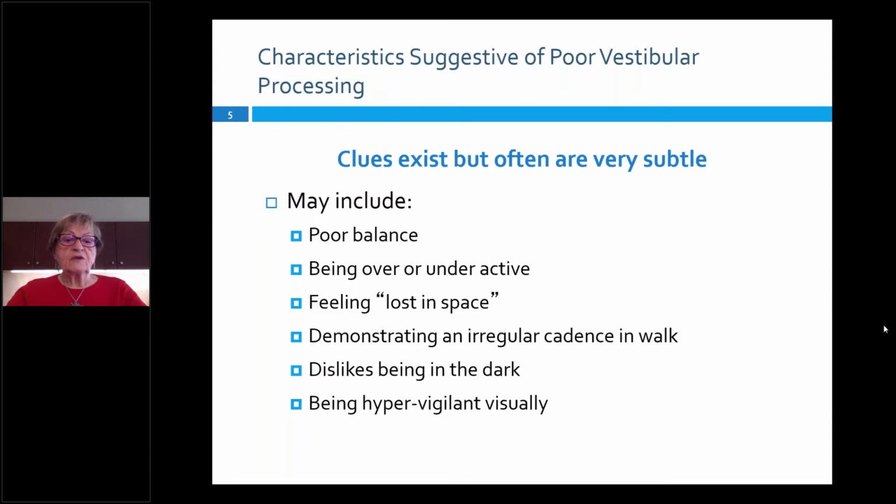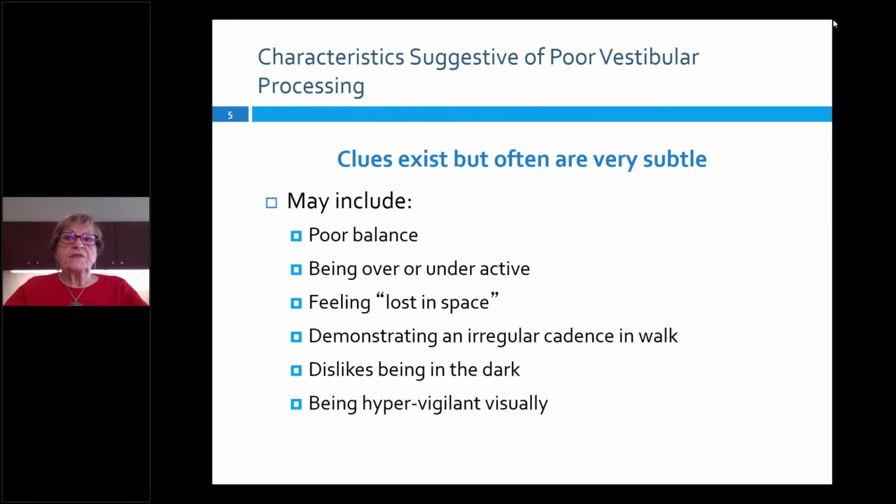I'm going to go through some of these common ones, and appreciate that for any of them that are not working well, for example, if we have poor balance, we can be assured that we have underlying less than optimal vestibular support for our neuromuscular control to be balanced in space. And this system, like other sensory systems, can be over or underactive, and then we're not going to be able to modulate our movement activity unless the system is providing support.